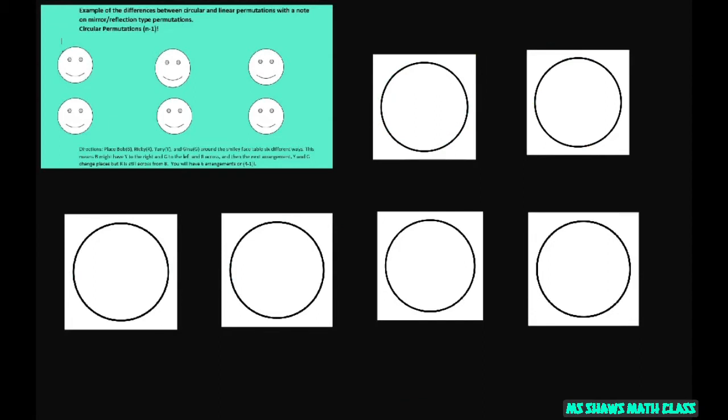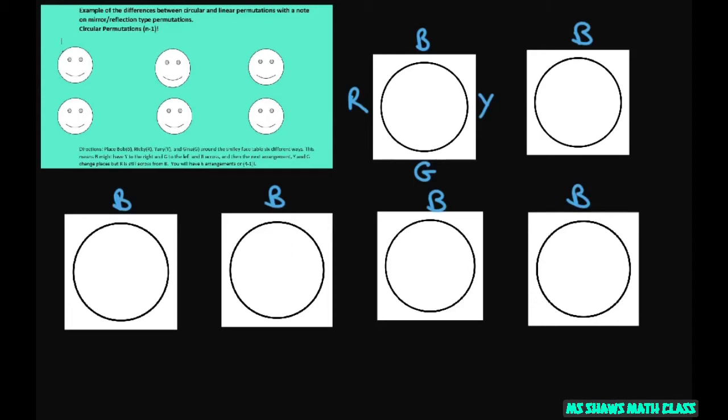We're going to arrange this, and since Bob's first, I'll put Bob here, Ricky, Yanni, and Gina. I'm going to keep Bob at the same place because it doesn't matter what point you're starting at.